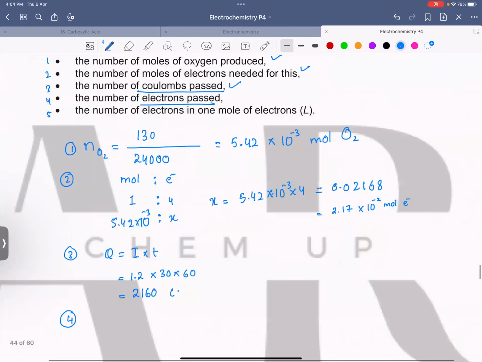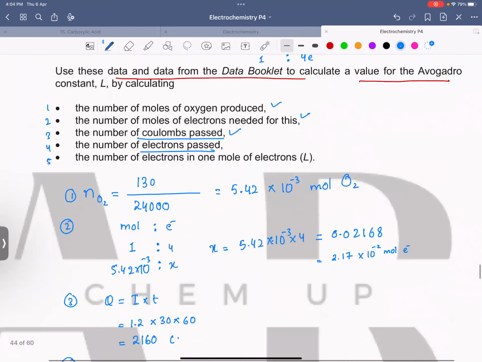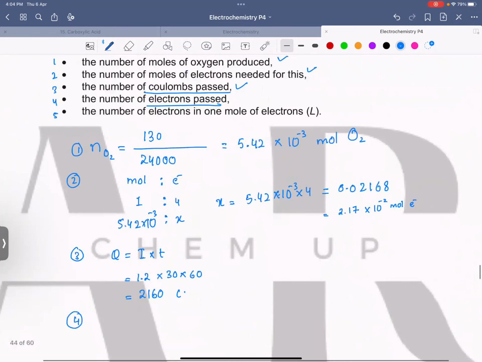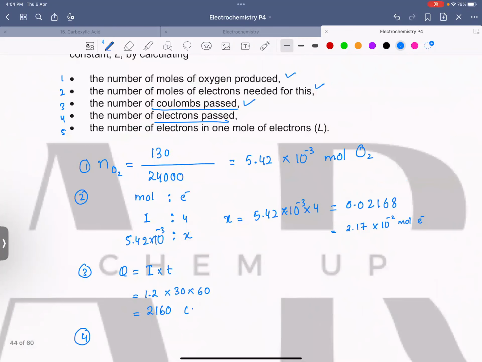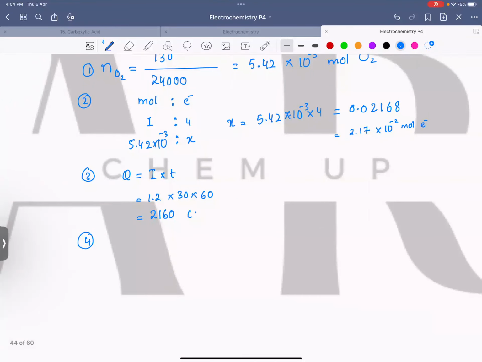In the fourth part, you have to find the number of electrons passed. Okay. So what we know, we got the charge, right?